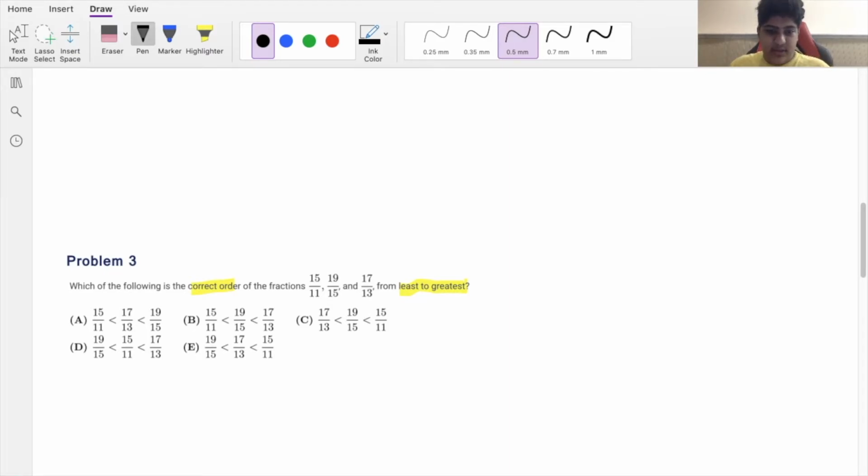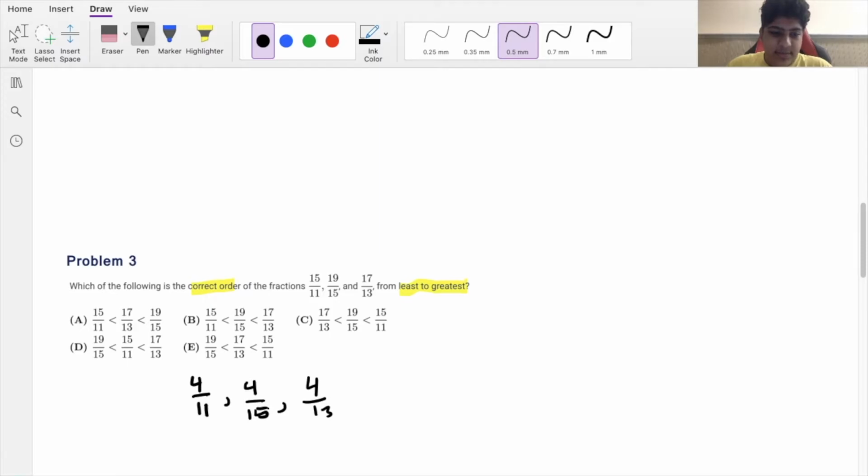So when we subtract 1, we have that the correct order is the same as 15 over 11 minus 1, which is 4 over 11, 19 over 15 minus 1, which is 4 over 15, and 17 over 13 minus 1, which is 4 over 13. And now, these fractions are really easy to compare because they all have the same numerator, and thus, the fractions with the lowest denominators are the greatest.